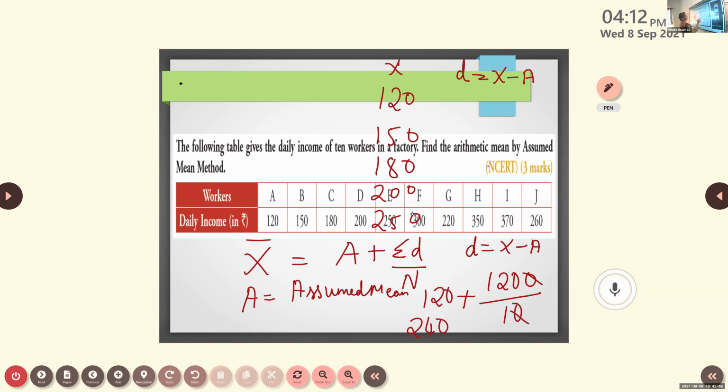So you have taken 300 as the assumed mean, right? So X is 120 minus 300. How much are you getting? Ma'am, minus 180. Okay, minus 180. Like that you got all the observations? Yes, ma'am.